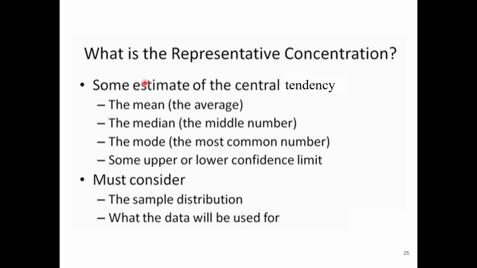So these are some of the very standard terms which we use in statistics, and that can be estimated. So the central tendency can be estimated from this, or it can be some upper or lower confidence limit. So it can be some value with which we can be assured, say we can have a confidence level of 95%.